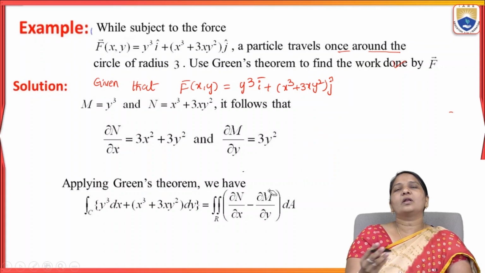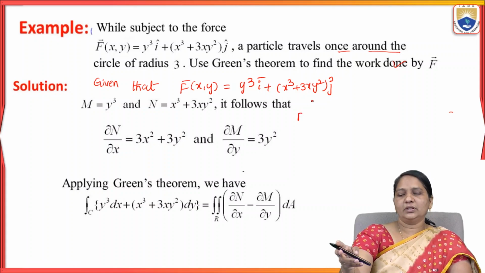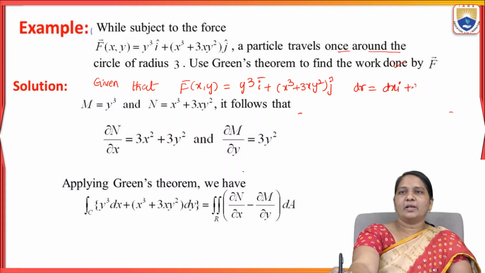So from this vector, how do we identify the M value or the N value? You can see here, F is given, and we already know dr. What is dr? dr is nothing but dx i plus dy j. Now we are going to do F bar dot dr bar.